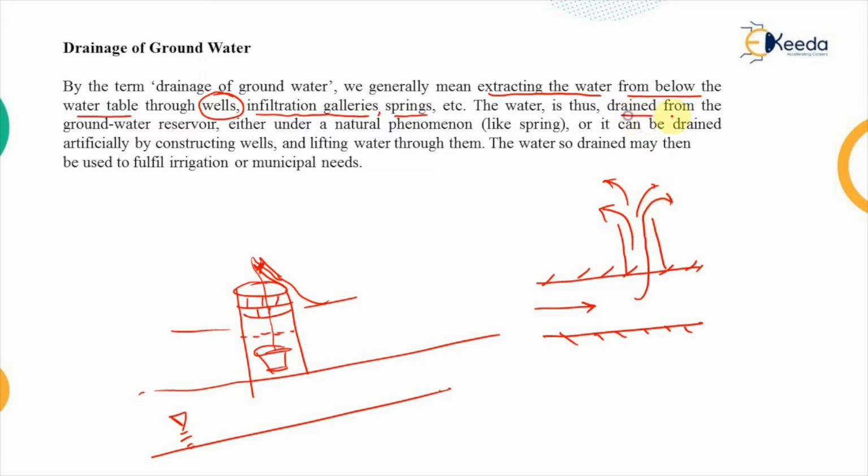So the water is drained from the groundwater reservoir under natural phenomena, like a spring, or artificially by the construction of wells and then lifting the water through them. Now this water which is drained in that way is used to fulfill the irrigation demands or the municipal needs or the domestic needs.